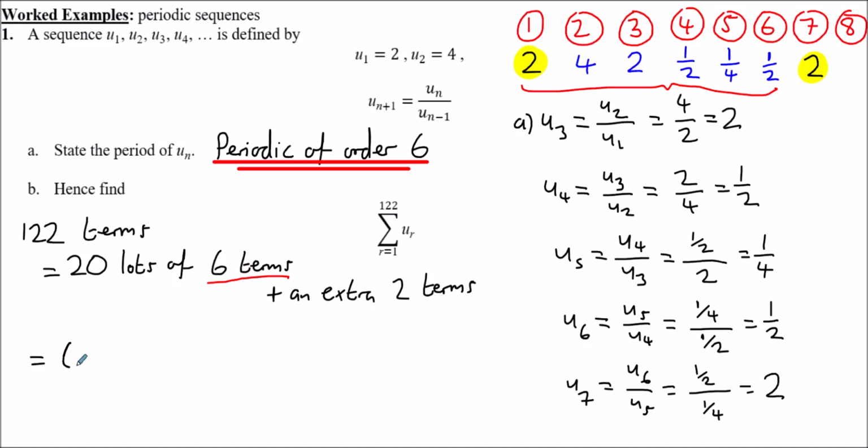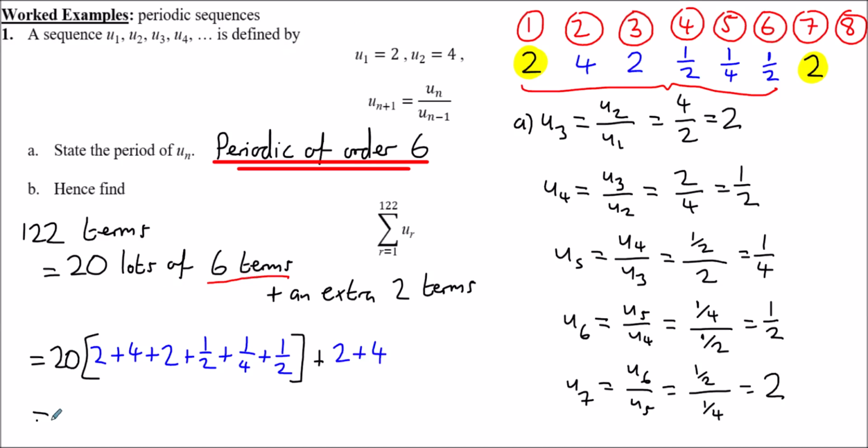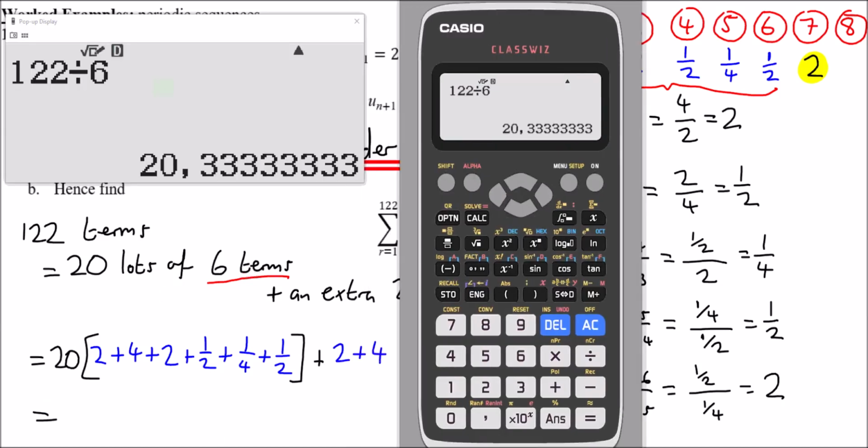So it's 6 lots of the repeating chain, 2 plus 4 plus 2 plus a half plus a quarter plus an extra half. That's your first 120 terms. Sorry, times that by 20. My mistake. We're going to add on another 2 and 4. Once you've done that, we've done the whole question.